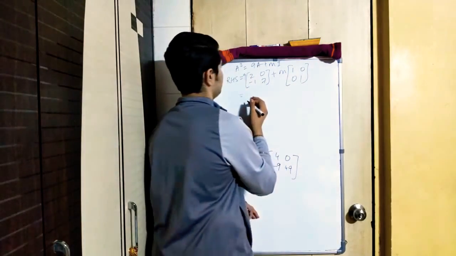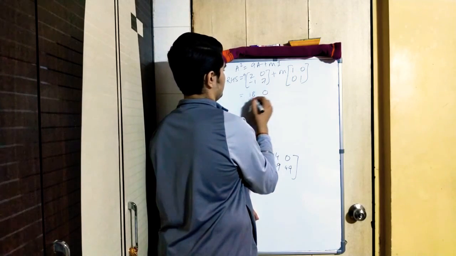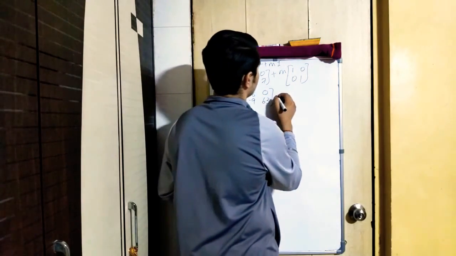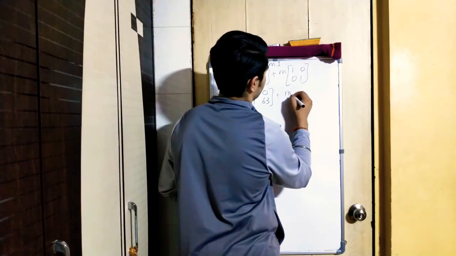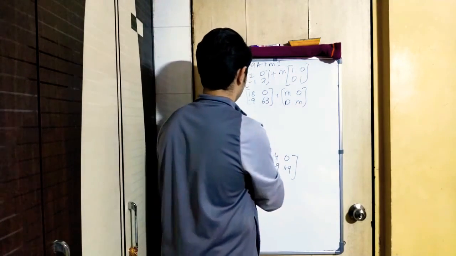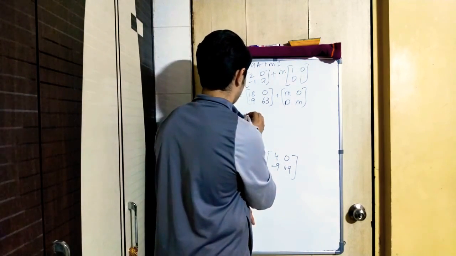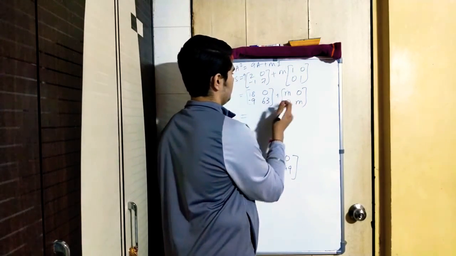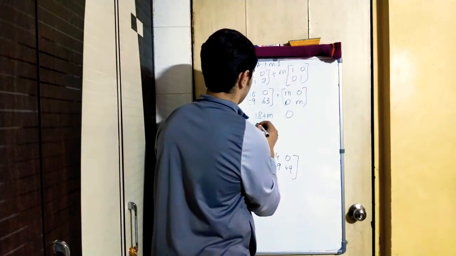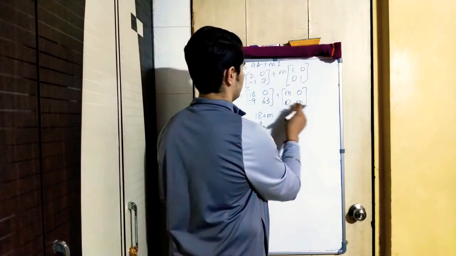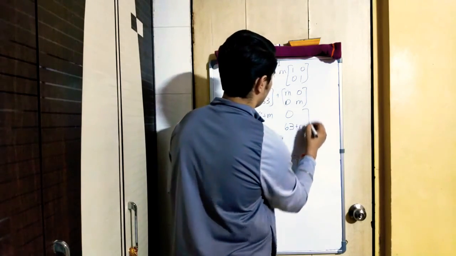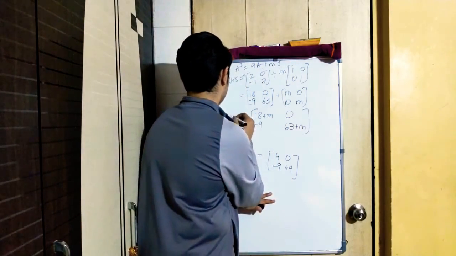So is equals to 9 2 is 18, 9 0 is 0, 9 minus 1 is minus 9, 9 into 7 is 63, plus you multiply M inside, M 0 0 M. So 18 plus M, 0 plus 0 is 0, minus 9 plus 0 is minus 9, and 63 plus M. So this is our RHS.